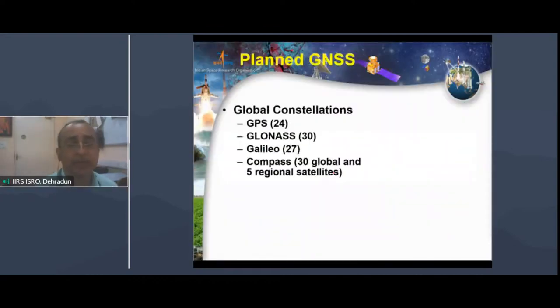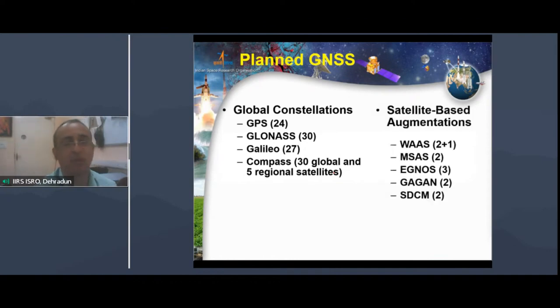And we can just see again as a recap of the previously covered global or regional constellations. If you see global constellation, USA based system has 24 satellites, GLONASS 30 satellites, Galileo 27 satellites, Compass 30 global and 5 regional.